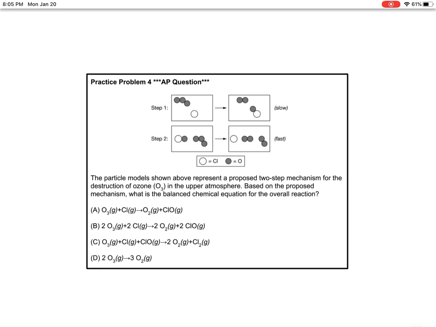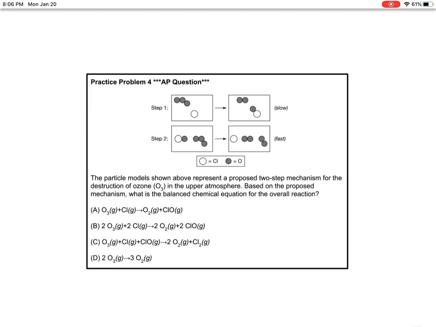So the fact that chlorine alone, not bonded to anything, is in the first step as a reactant and in the final step as a product tells us that this is going to be a catalyst. And we tend not to include catalysts in our final balanced equation.